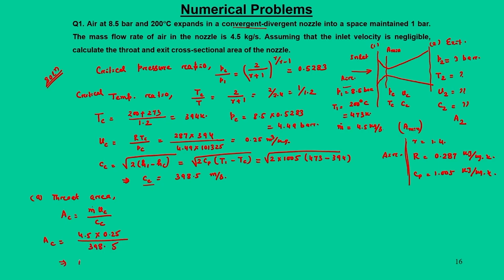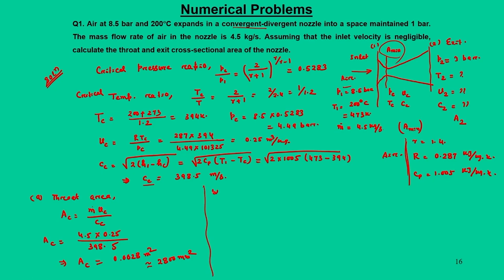So, this will give you the throat area as 0.0028 meter square or approximately 2800 millimeter square. So, this minimum area, that is the throat area, is 2800 millimeter square.